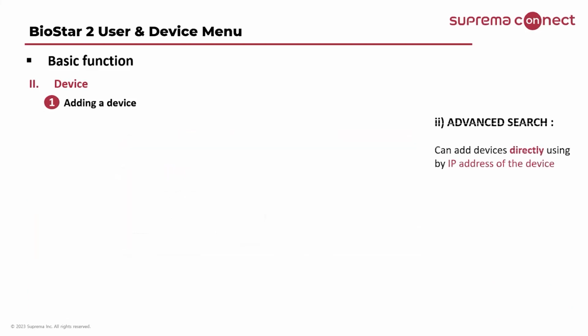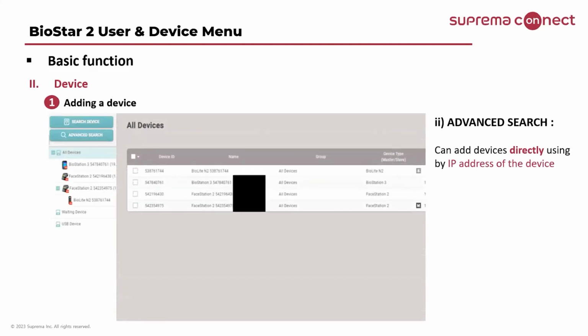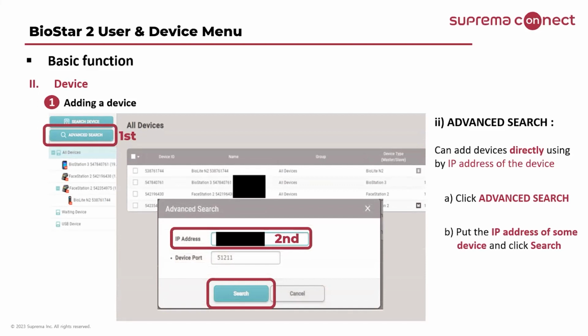The second method is using Advanced Search. With this mode, you can add some devices directly by using IP address of the device. To use this method, first click Advanced Search, then Advanced Search pop-up will be raised.